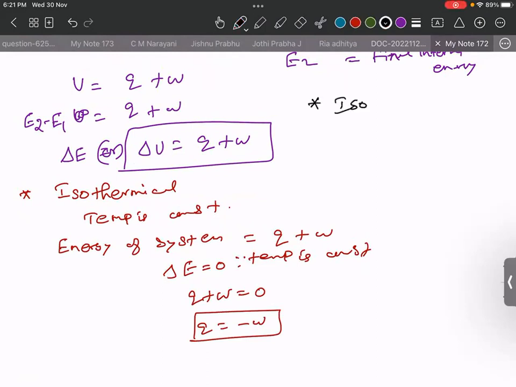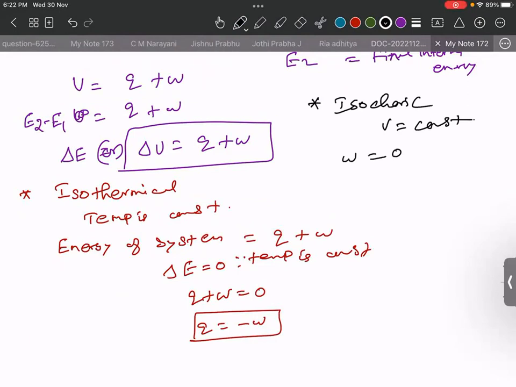Isochoric means what? Volume is constant, right? So when the volume is constant, the system does not do any work. The volume will not change, so the system does no work. So automatically W becomes 0. Then what will you get?